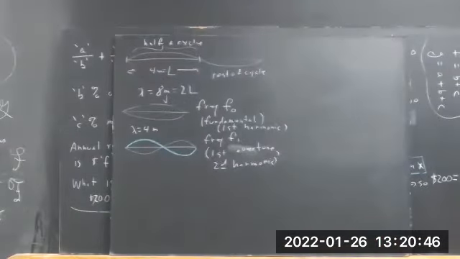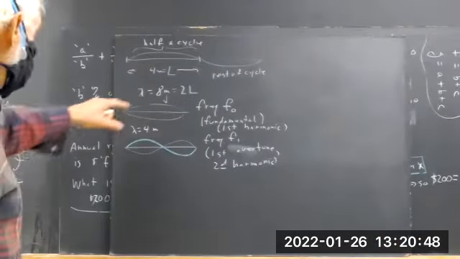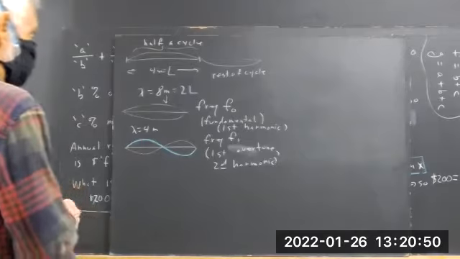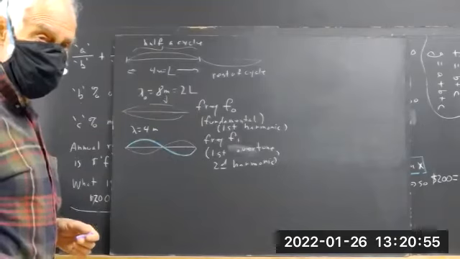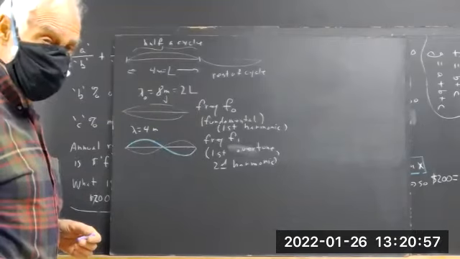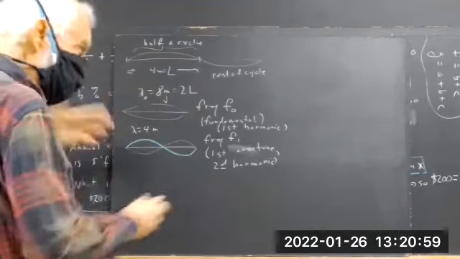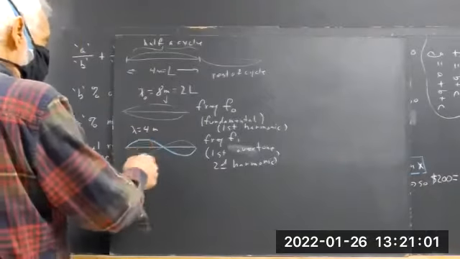So this picture applies to any string of any length. Your fundamental wavelength, and I'll call that lambda 0, is twice the length of the string, right? Because this is what it looks like, whatever the length is.